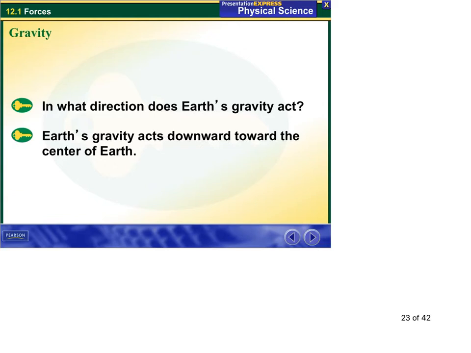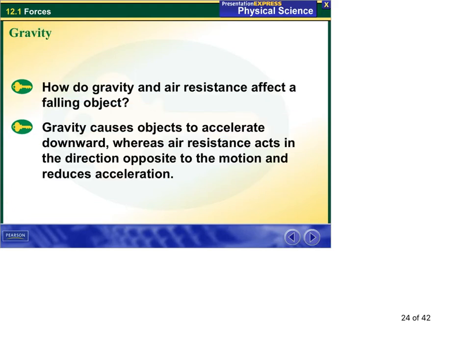Gravity, another kind of force. In what direction does gravity act? Gravity acts downward towards the center of the earth. So it's more than just downward, it's towards the center of the earth. And how do gravity and air resistance affect a falling object?